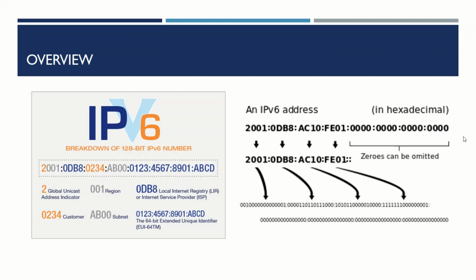The other rule is that the consecutive section of zeros are replaced with a double colon. The double colon may only be used once in an address, as multiple use will render the address indeterminate. As you can see here, we use the double colon to abbreviate all this section of zeros.